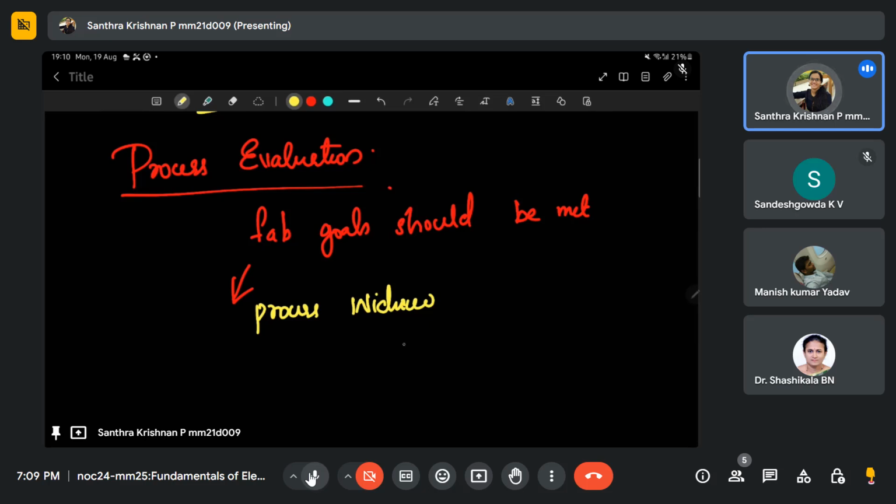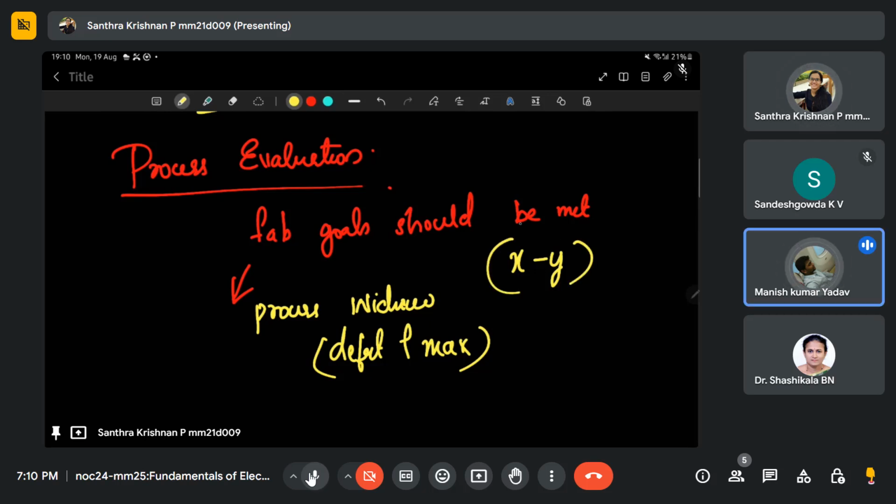Basically, it is the maximum level for defect density, and the range. For example, in case of an IC, once you have manufactured it, you prescribe a range from say X to Y. This is the window in which the defect density should lie. Anything greater than Y will be rejected. So that is the process window.